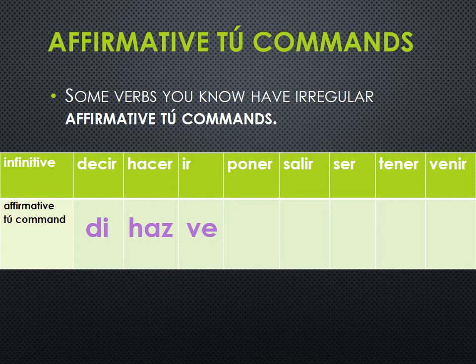The command for poner is pon. The command for salir is sal. The command for ser is sé. Okay? Say with an accent mark. The command for tener is ten. And then the command for venir is ven.